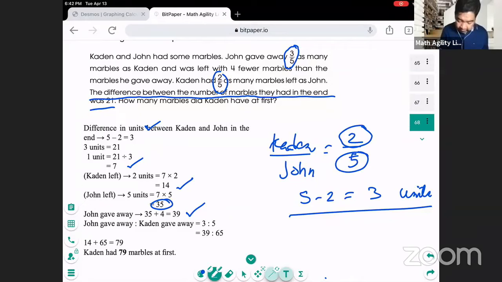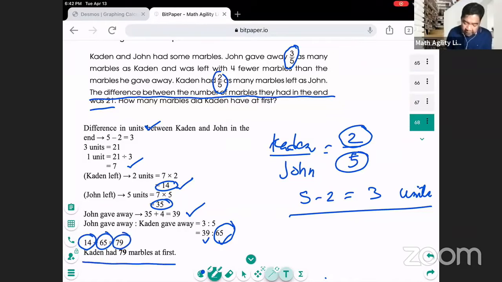So 65 divided by 5 is 13, times 13 for the 5, and 3 times 13, so he got 39 is to 65. So the 14 that Caden left plus the 65 that he gave away is 79. So Caden originally had 79 marbles.